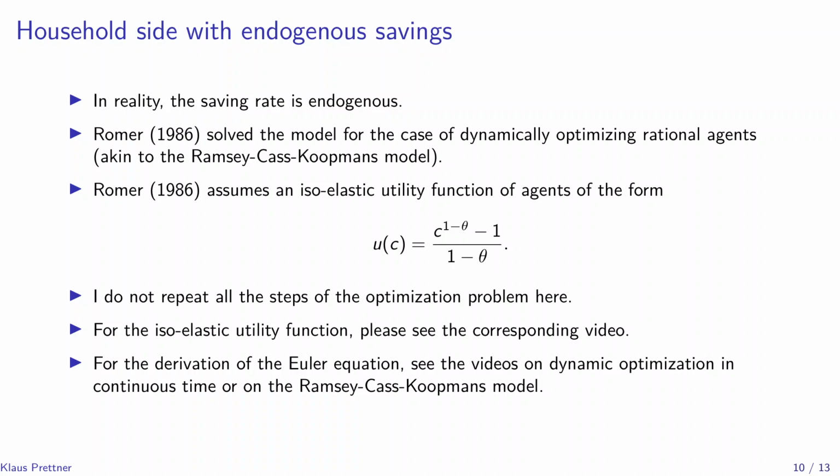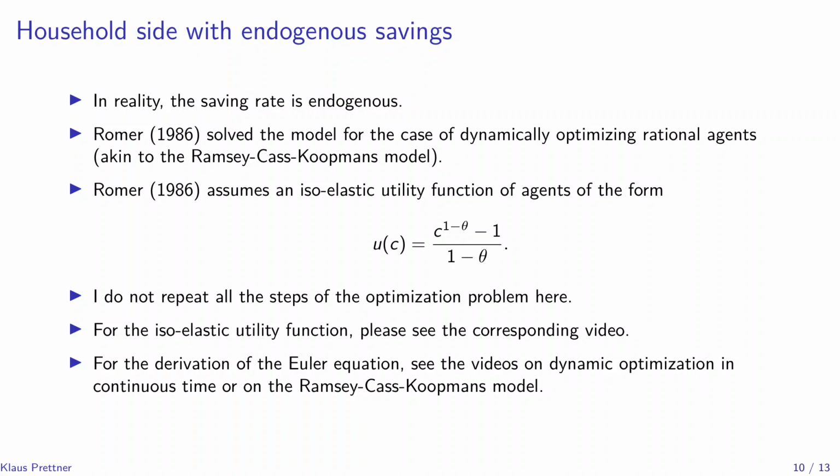And that's basically the result of dynamic optimization that you can find in several of the videos that I've uploaded. I do not repeat all the steps here, but if you are interested in it, you can look up the videos on the Ramsey-Cass-Koopmans model or the videos on dynamic optimization in continuous time.